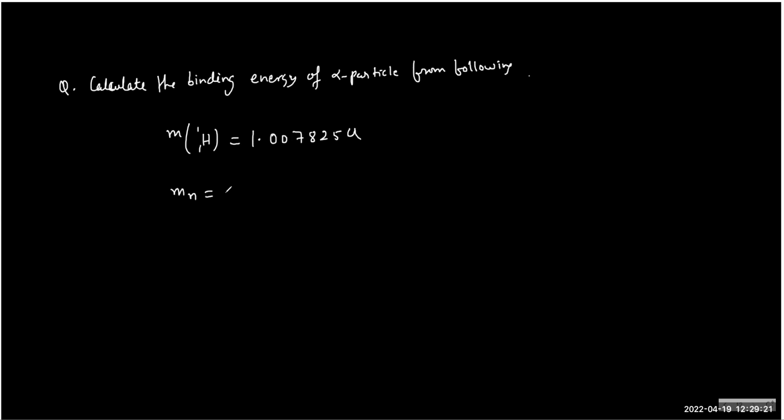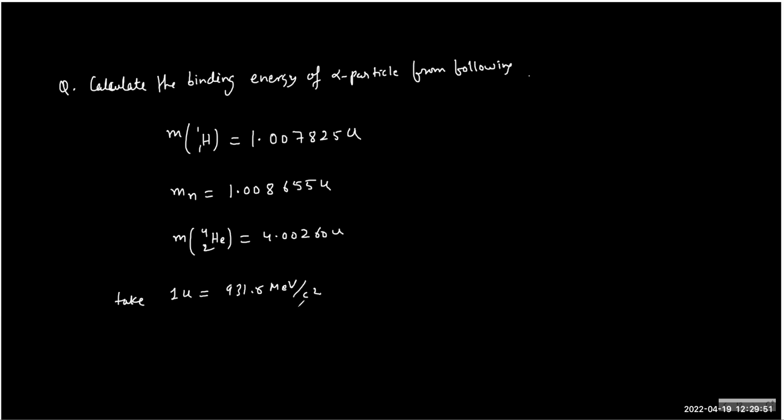So instead of proton, they give H atom. And the mass of the helium nuclei or helium atom, you can say. And you have to take one U as 931.5 MeV by C square.